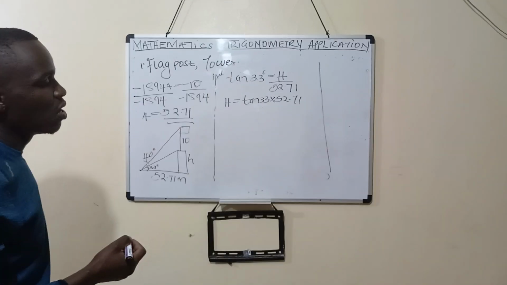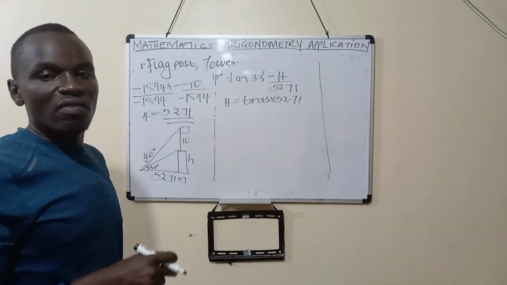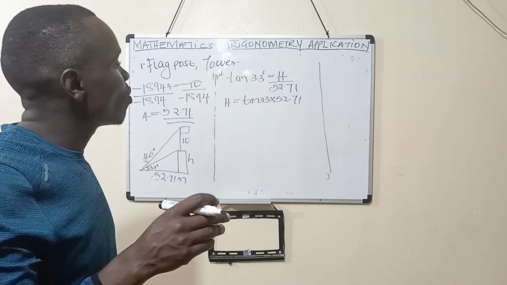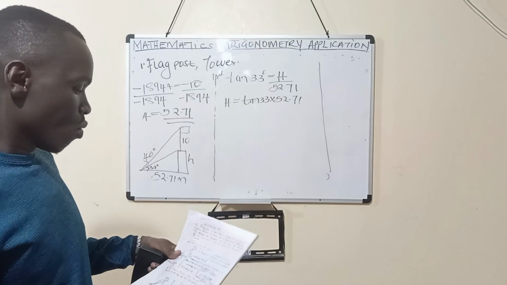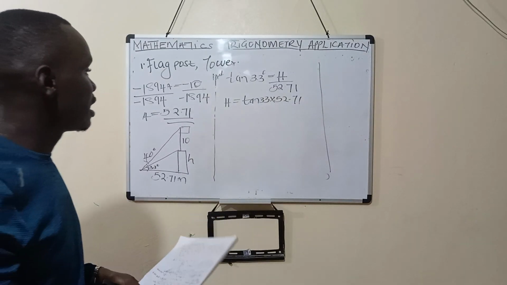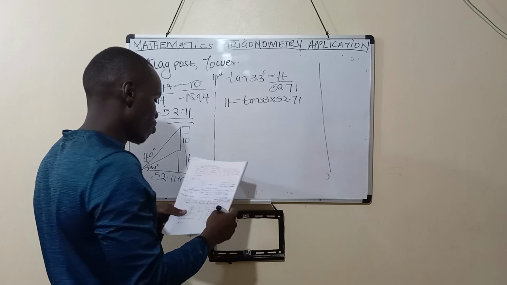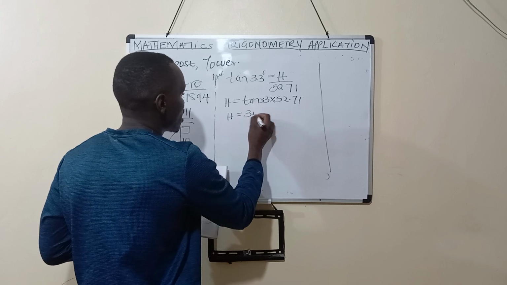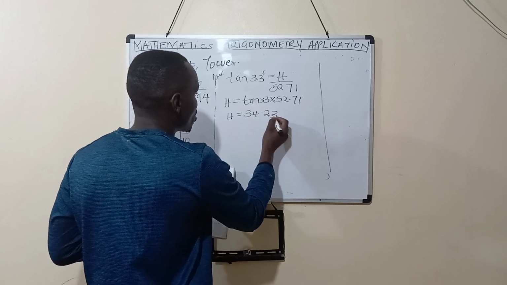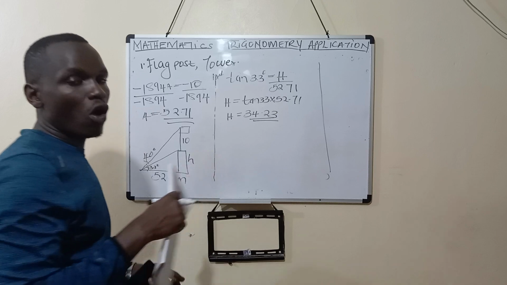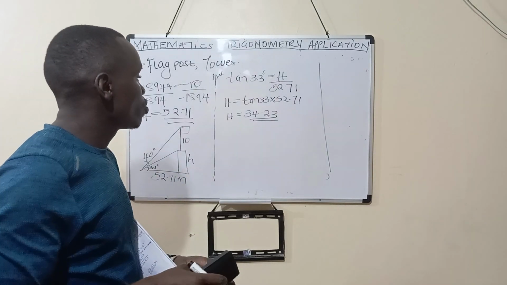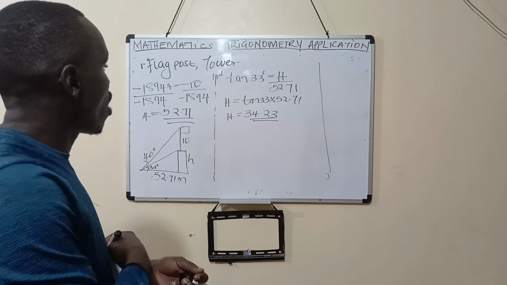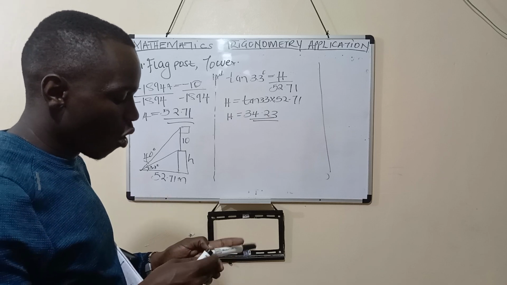That is what we agreed: height is given by tan 33 multiplied by A, and A has its value as 52.71. When we get the value of tan 33 multiplied by 52.71, our height is going to be 34.23. I hope you have been able to see how we have obtained the value of height for equation A.